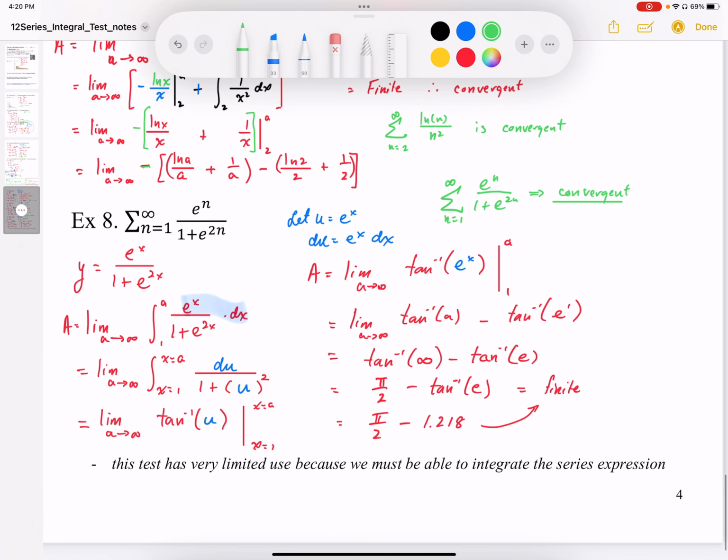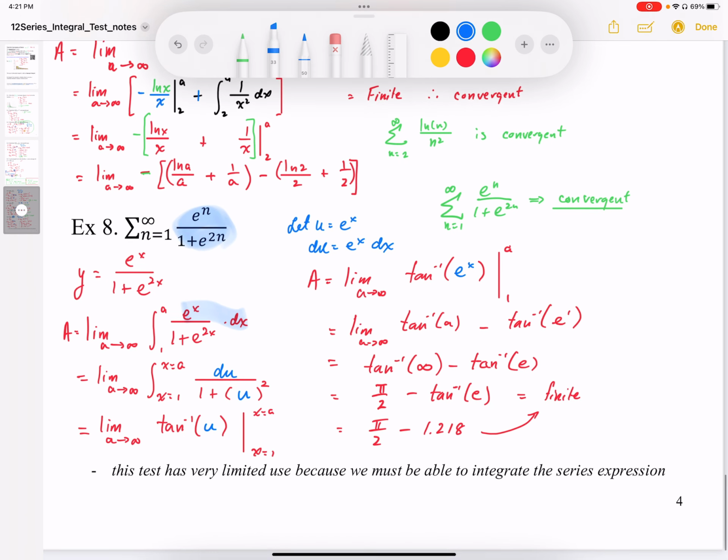Now, it's important to recognize that this test is a bit limited in that we need to have an expression in the a_n, which is in this part here. We need that expression to be able to be integrated, and that's not always going to be the case when we do series expressions or series expansions like this.